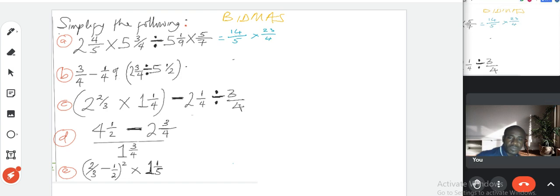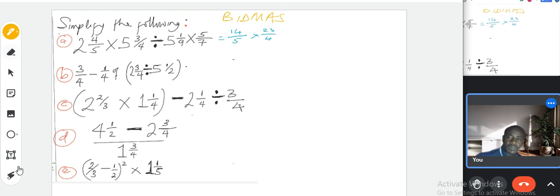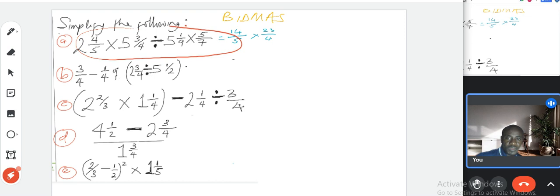Wait, is that it? Yeah, that's correct. 23 over 4 for this. But change all to improper fraction first. What do you mean? Change all from everything. Change all to improper fraction.